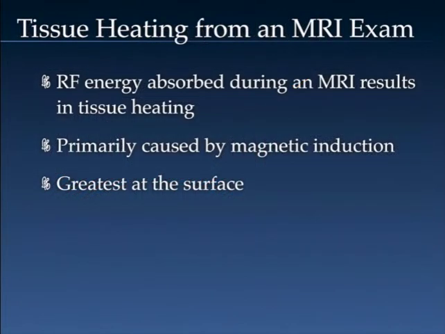Now, tissue heating in MR is a result of RF energy being absorbed during an MRI exam, and the heating is primarily caused by magnetic induction. The heating is greatest at the surface and less toward the center of the body.